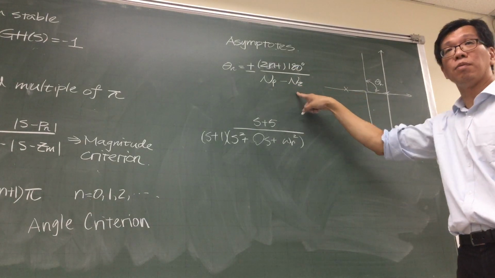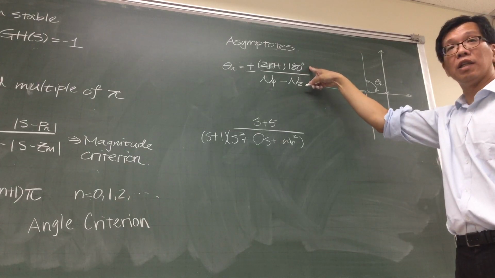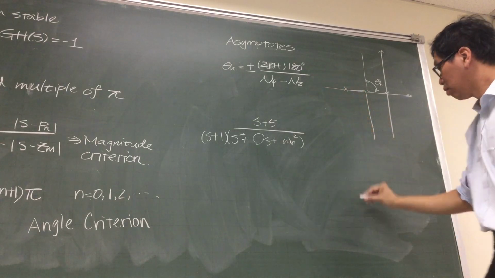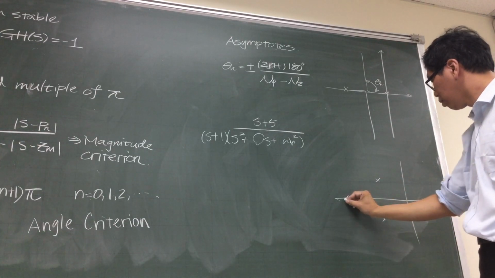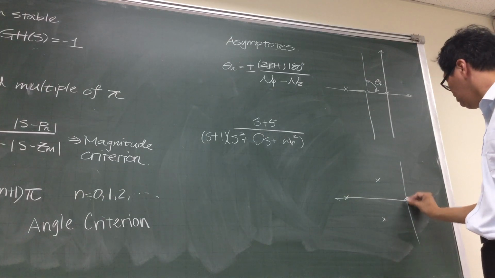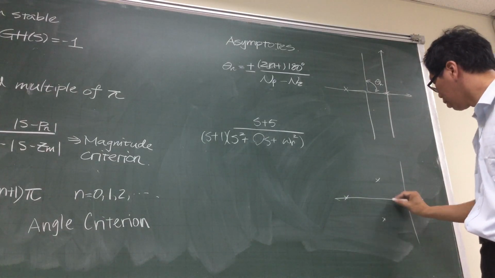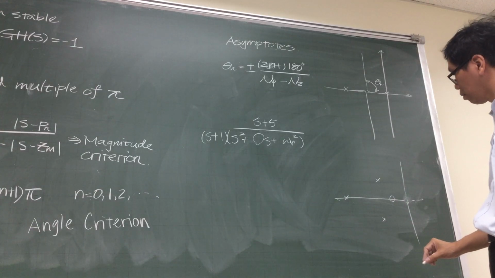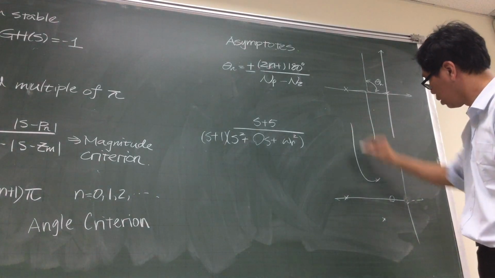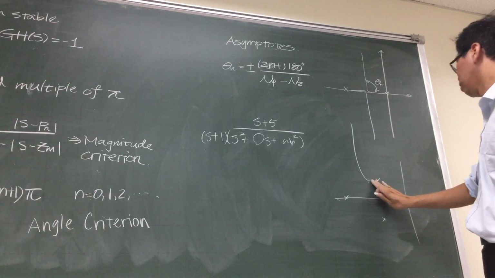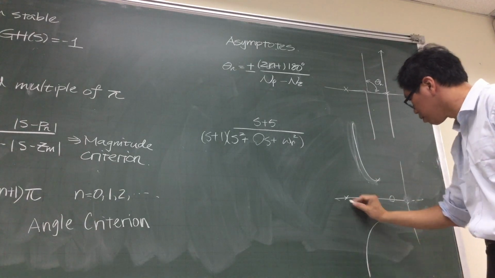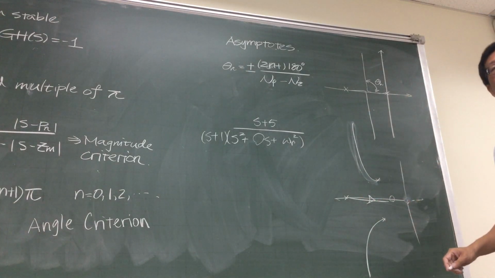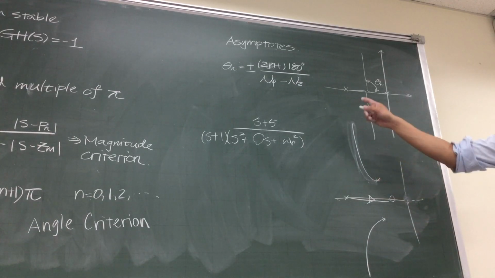So eventually, this is going to be 2, and 180 divided by 2. So you're going to have 1 here, 1 here, 1 here, and 1 here. Don't worry, I'm going to tell you how to calculate those kind of things.